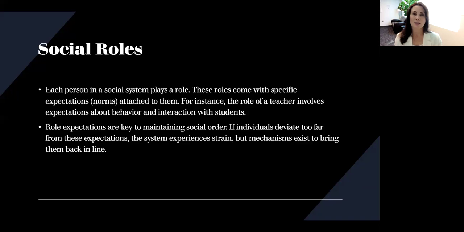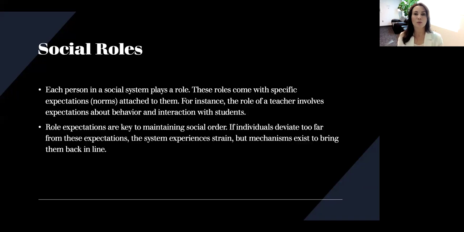You are a son or a daughter in your family, brother or sister, little brother or sister. Also, you're a student when you come to the university, and you can be a worker when you go to work. So you have so many different roles based on which social systems you're interacting with.